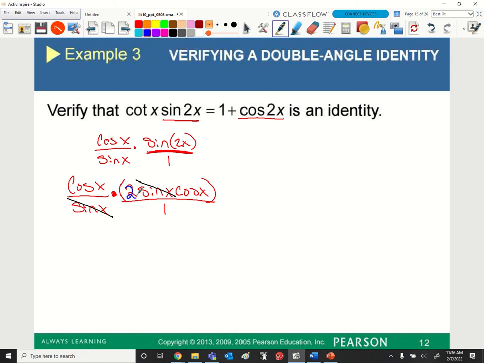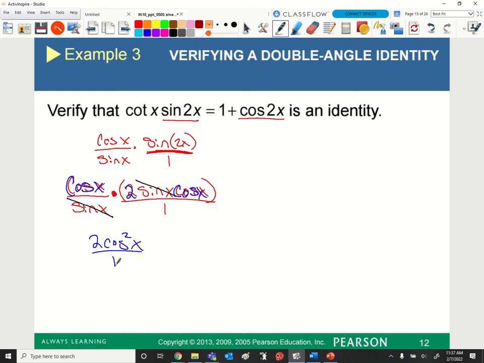So it's 2 cosine x times cosine x. So when I multiply that, it's going to become 2 cosine squared x over 1. Now that is a single angle, so I like that. I like it a lot.